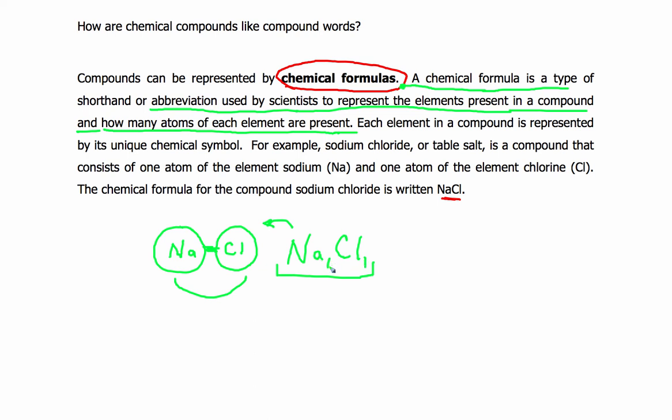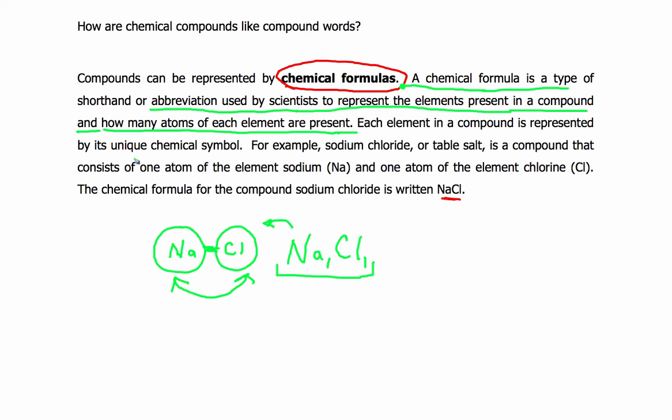That 1 tells me there's one atom of sodium and one atom of chlorine in this molecule of sodium chloride. So these two atoms join together to make sodium chloride.